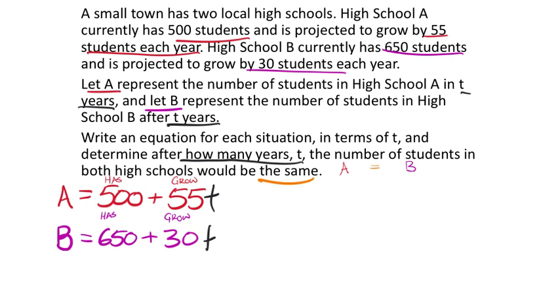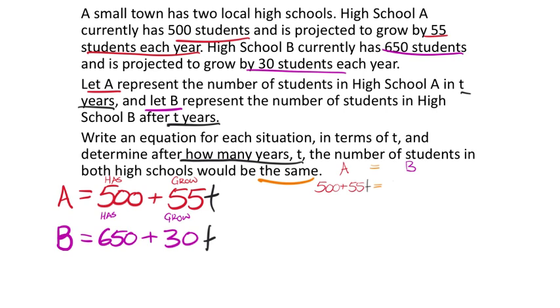So instead of the A, I'm going to say what it equals. This is substitution, by the way. It's 500 plus 55t. Now this should equal how many students are in high school B, which it says down here in the bottom left.